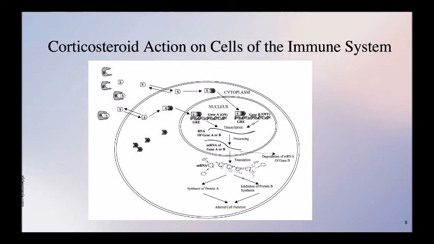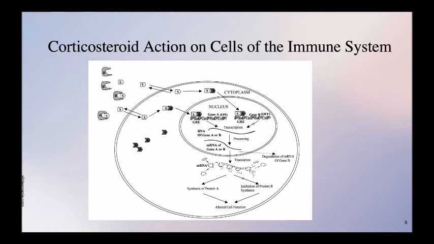In the case of protein A, corticosteroids promote the transcription of the gene encoding protein A, enabling the synthesis of a new protein A. In the case of protein B, corticosteroids inhibit the transcription of gene B and may further decrease the synthesis of protein B by increasing the degradation of its mRNA and inhibiting the translation of its mRNA.